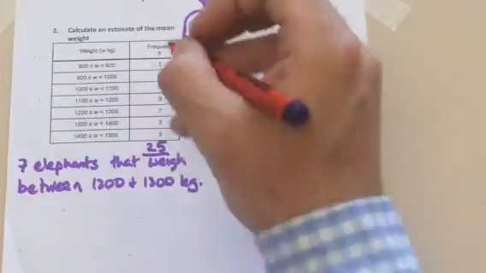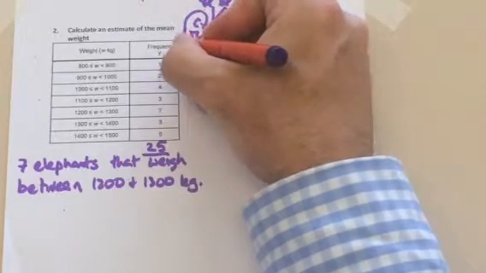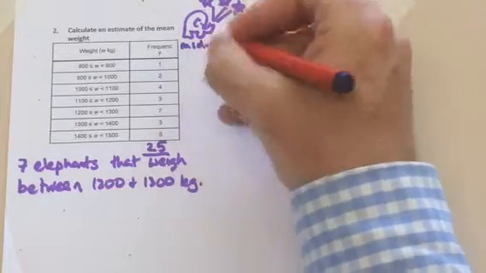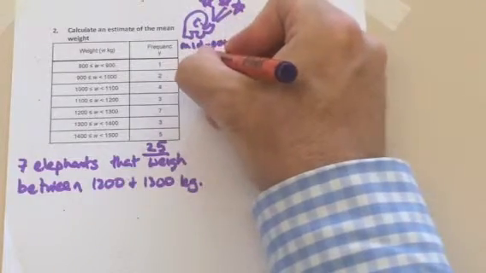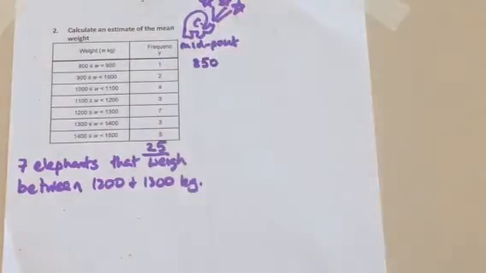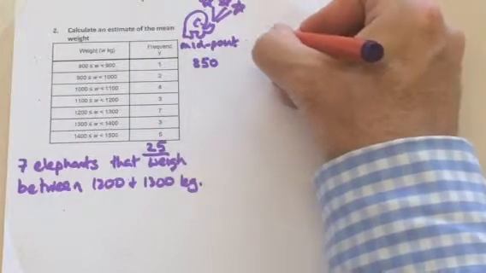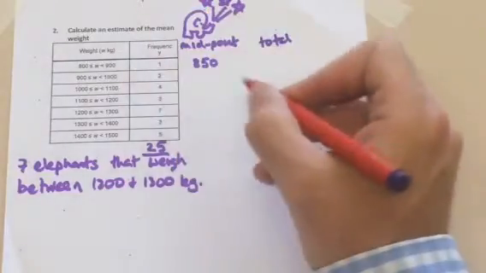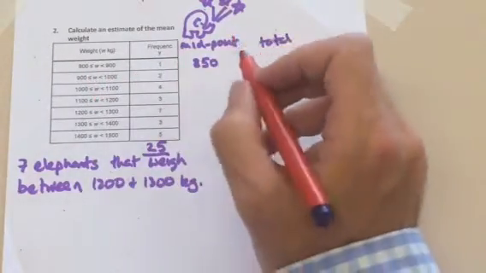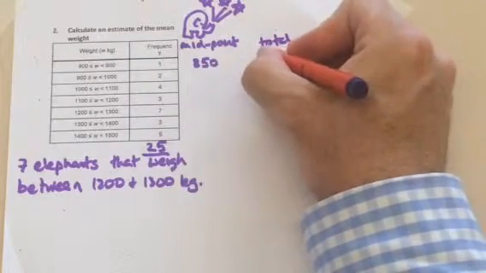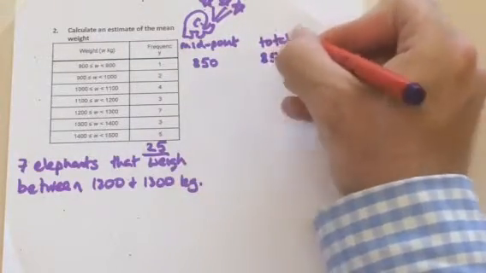That's my best guess. So what I need to do here is to put a column called midpoint and say that that 1 elephant weighs 850 kilograms. So the total weight of all the elephants that weigh between 800 and 900 kilograms is 1 times 850, which is 850.